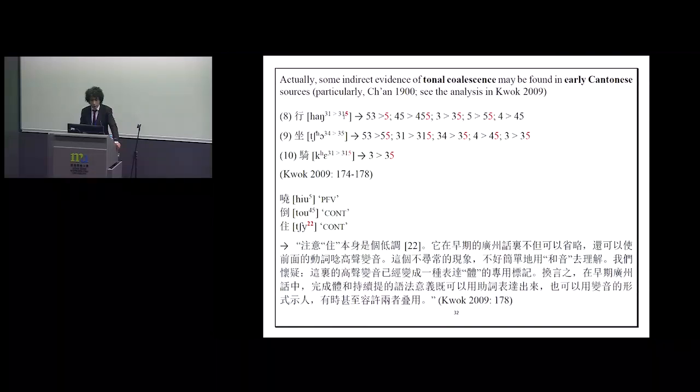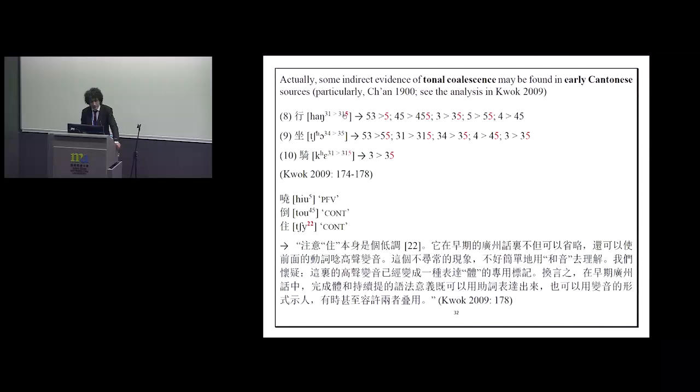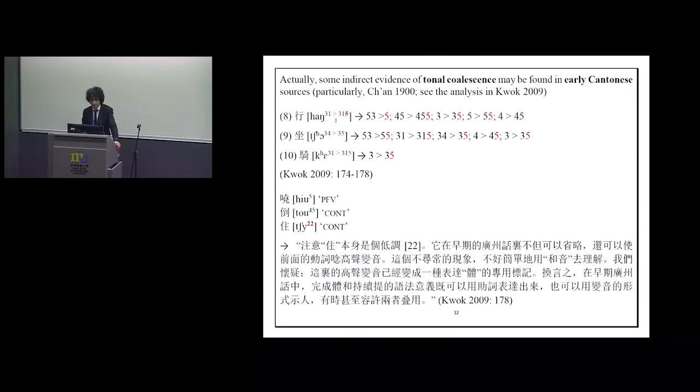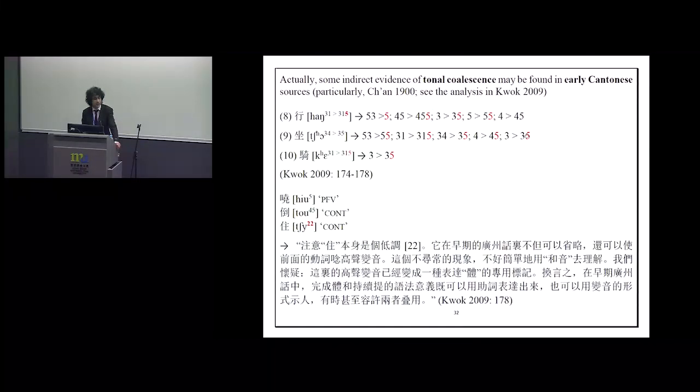If you look at the red numbers, the last tone value in the sequence is always 5, so the highest tone. And here you clearly see that this high tone is an addition to the original tone. So you go from 1 to 1, 5. You added it on top of the existing tone. And independently from the citation form of the tone, at the end you always get something which has a 5 at the end.